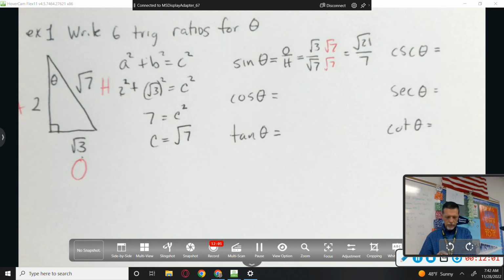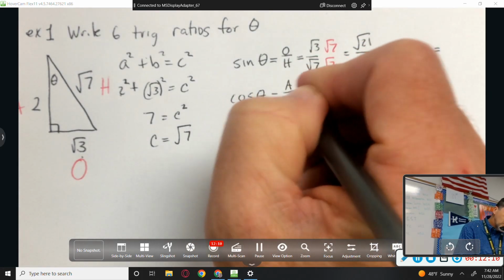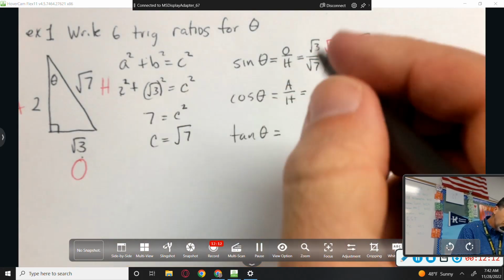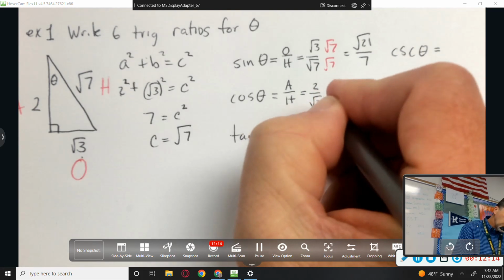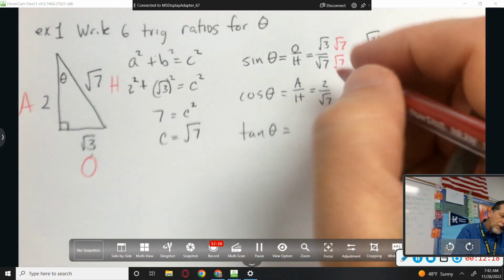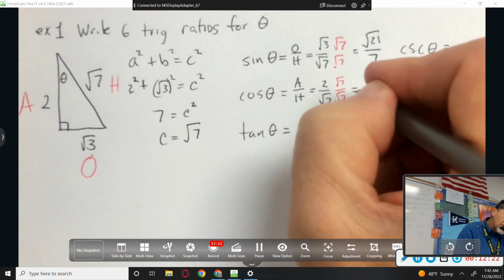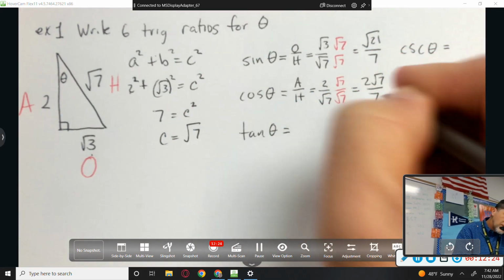So it took a little bit of a fix there. Cosine, adjacent over hypotenuse. So 2 over square root of 7. Again, it requires a fix. An easy fix though. 2 root 7 over 7.